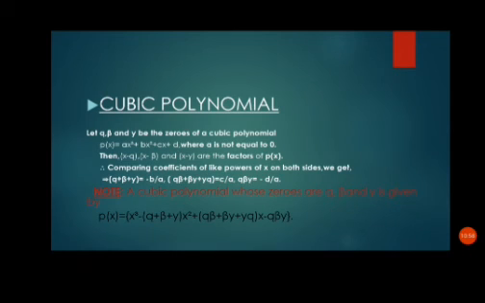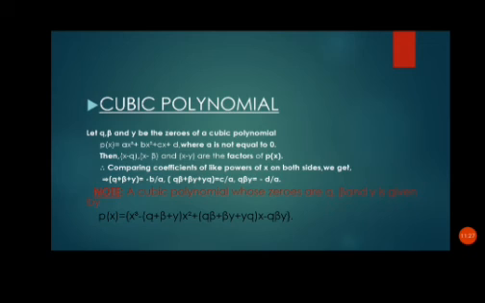That means the sum of the zeros of the cubic polynomial is minus coefficient of x square by coefficient of x cube. Moving forward with the product of zeros, alpha into beta into gamma equals minus constant term by coefficient of x cube, that is, minus d by a.